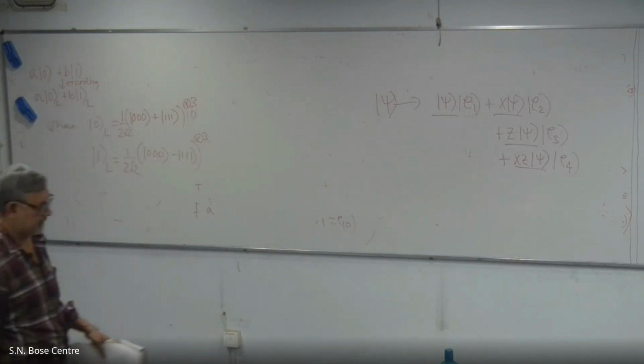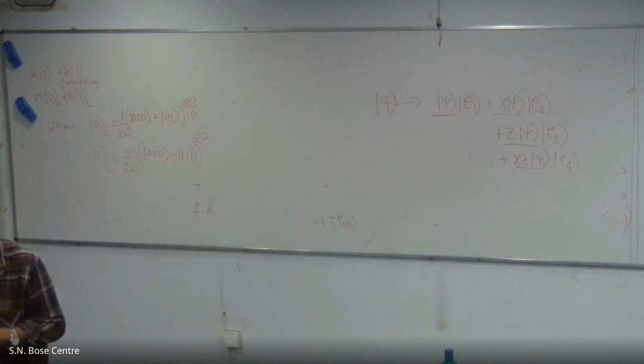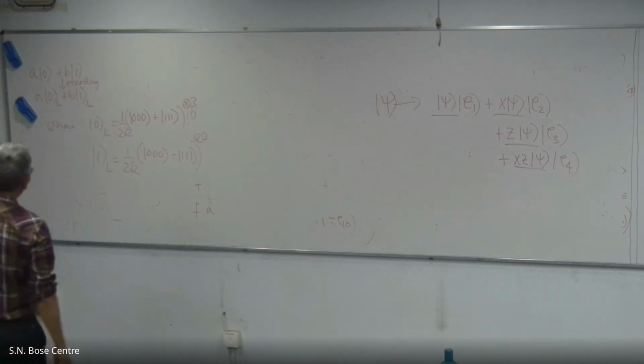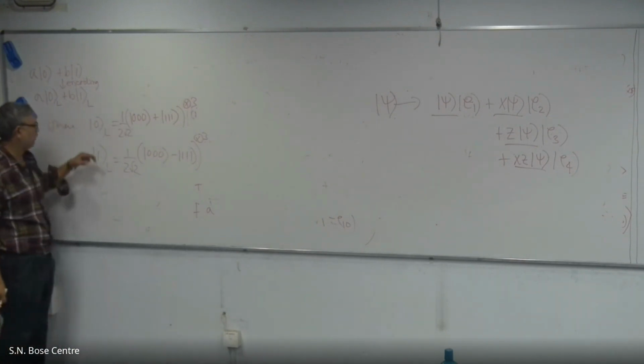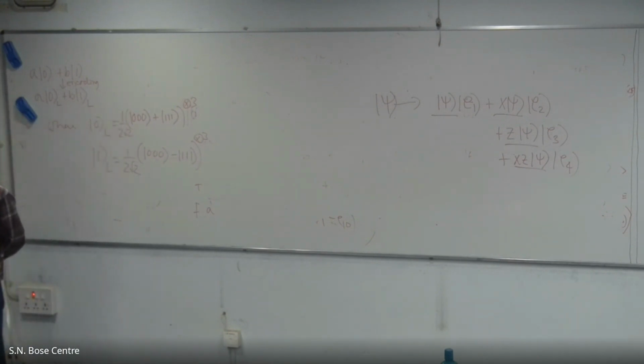Now, when will you be able to correct the error? If after the error it goes to an orthogonal state, which you can discretize. Now, first forget about 1L, or take 0L. If there is an error in the first qubit, say an X error, then will it be orthogonal to the original state? The first qubit has suffered an X error.